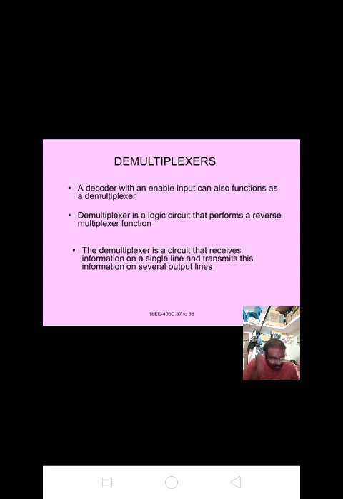The demultiplexer is a logic circuit that receives information on a single line and transmits this information on several output lines.